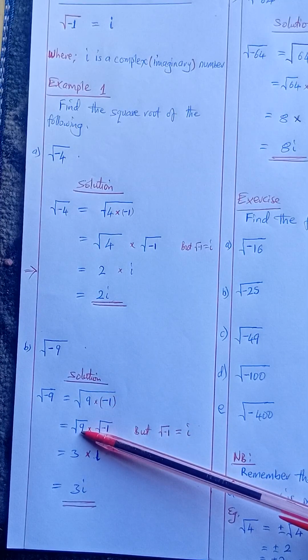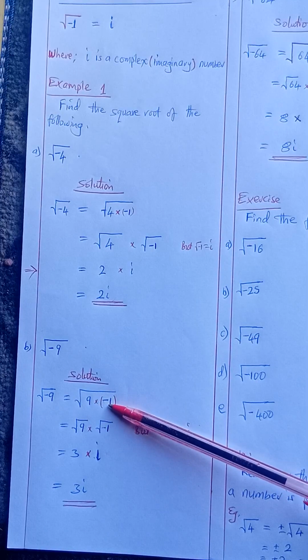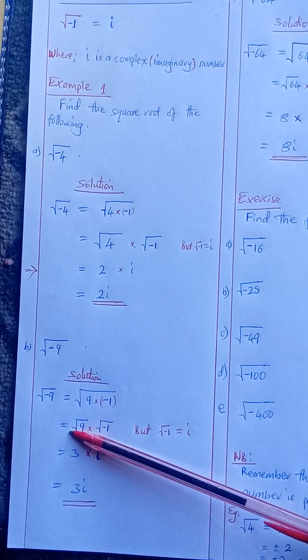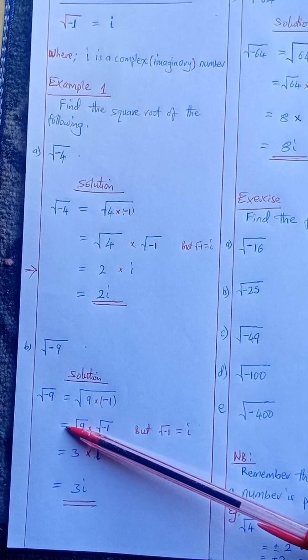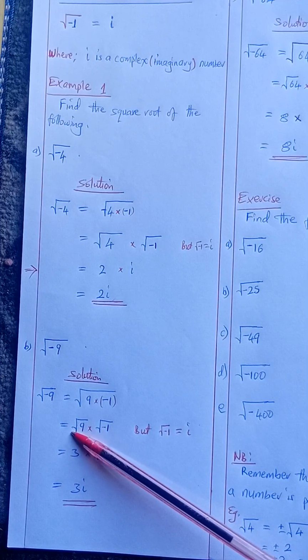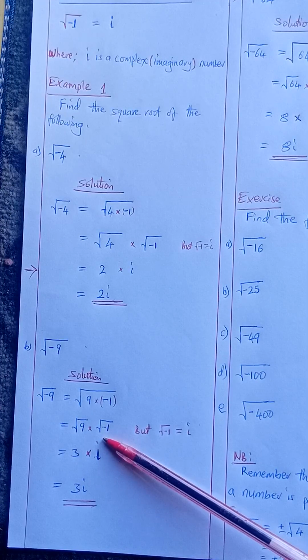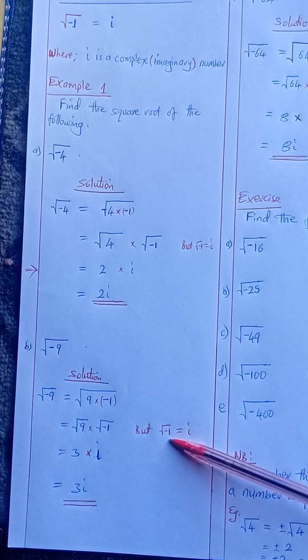Now in this step, the square root of 9 times the square root of negative 1, if all of them are in the root, we can separate them with different roots, as shown in this part under it. So here we are going to write the square root of 9 multiplied by the square root of negative 1. But the square root of negative 1 is i.